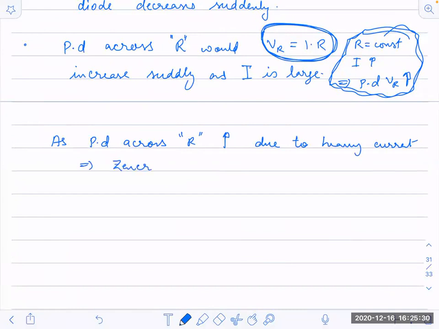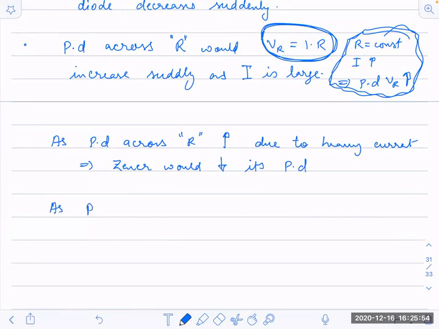The Zener diode would decrease its potential. The potential will decrease and Vz is maintained.